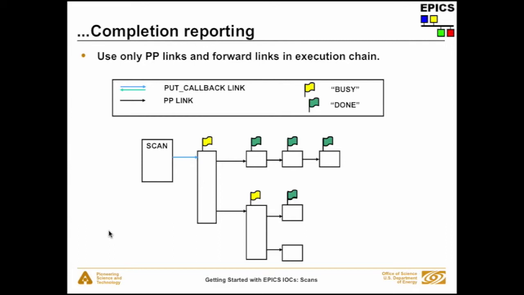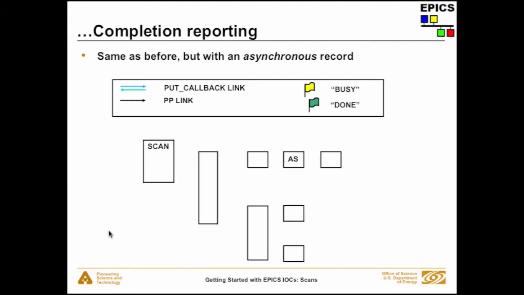Then that record will complete, and then the other link, that record will complete. And then finally, this guy will return to the original record, and it will complete, and EPICS will notice this, and it will send a callback to the scan record. So that's how the flow of execution actually works in this simple database.